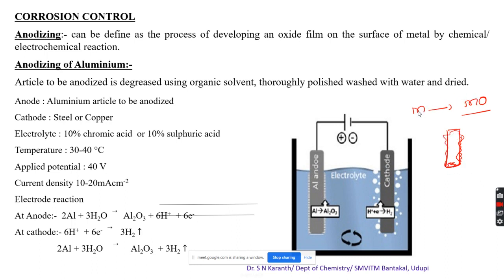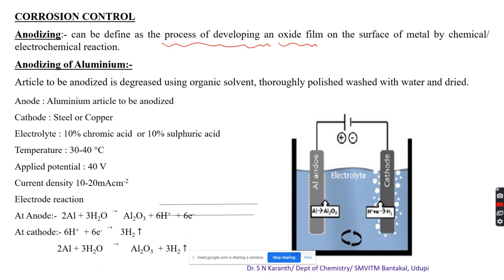A very thin, stable product is formed, and that itself acts as a barrier between the underlying metal surface and the corrosion environment. So anodizing can be defined as the process of developing an oxide film on the surface of the metal by a chemical or electrochemical reaction.